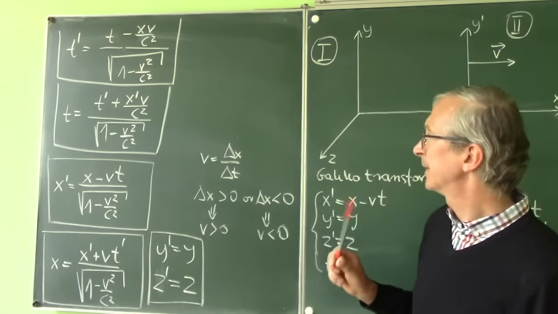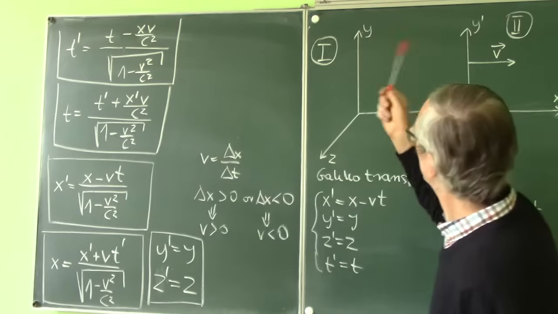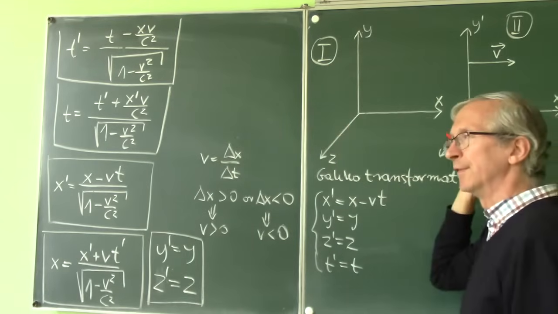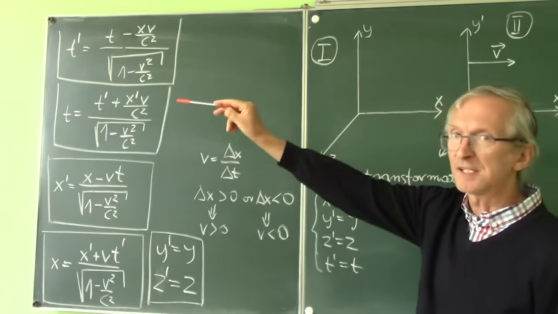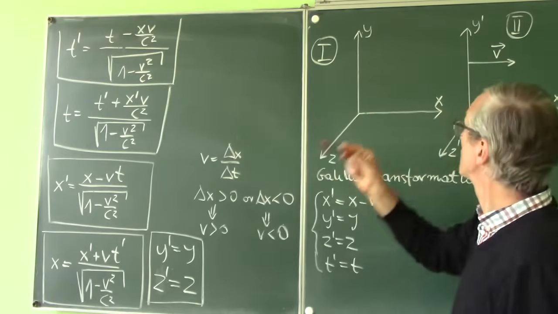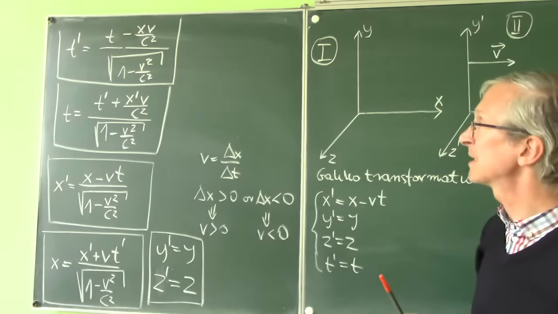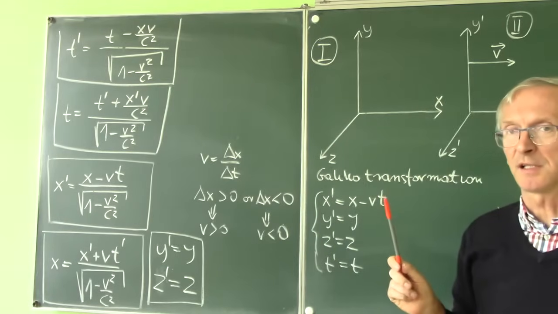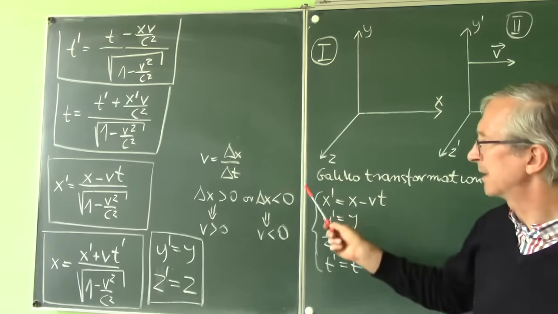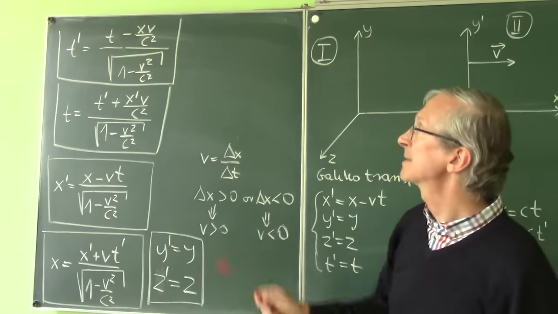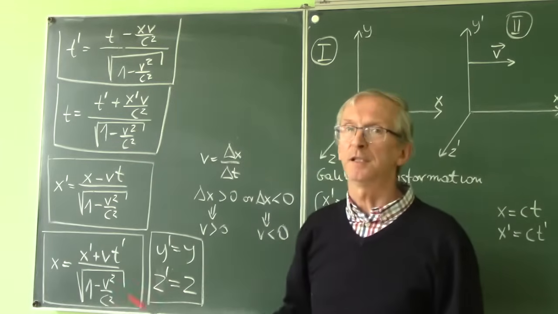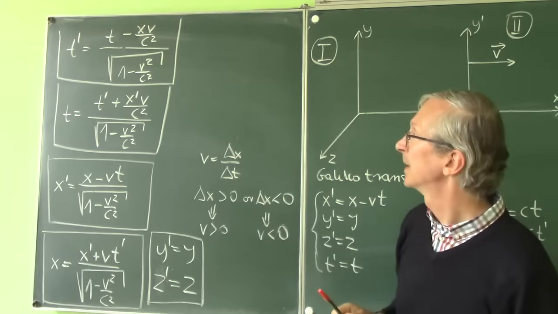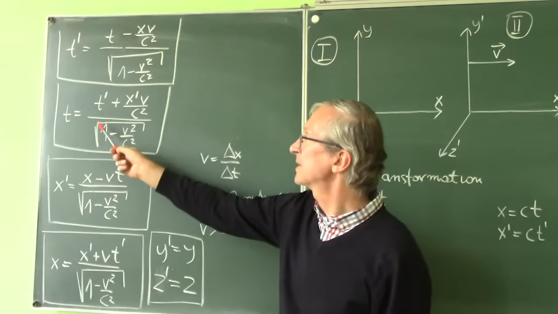And we know that the first frame of reference is moving in this direction related to the second frame of reference. So the coordinate of velocity v is less than 0. So here instead of v we put minus v, and we have the inverse transformation.